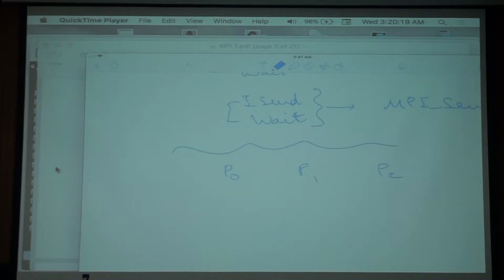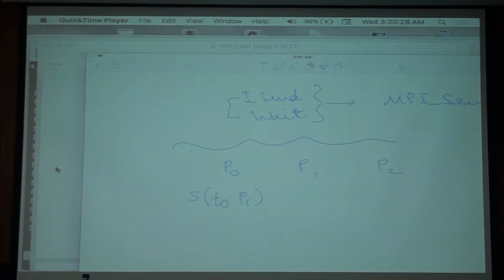All right. So there are some non-overtaking rules of MPI which are very well thought out, which means if you have processes, process 0, process 1 and process 2, suppose I do some send type, I will not say what type it is, to P1 and then the message payload here, then later send to P1 itself some message M2, then the receives posted by process P1 must pick up the messages in the same order.